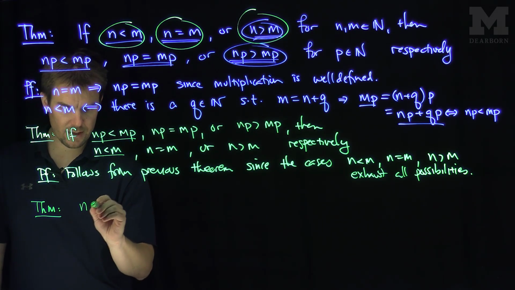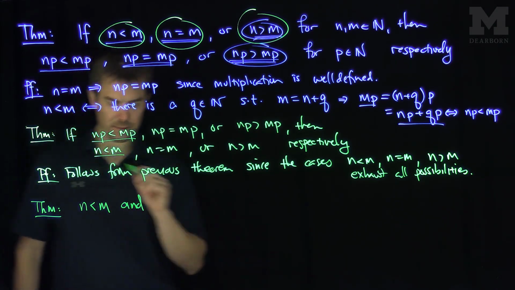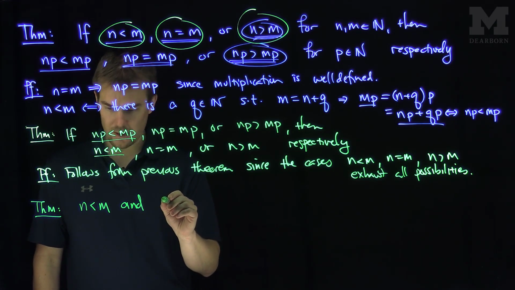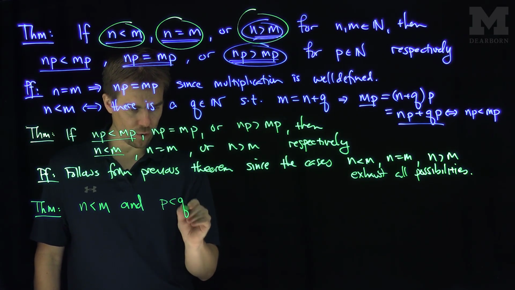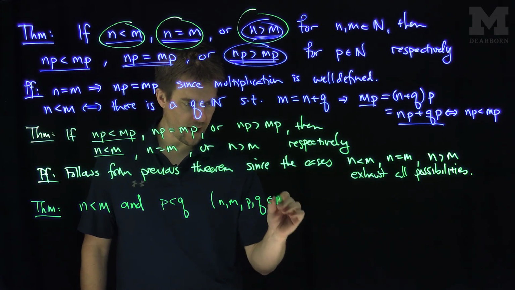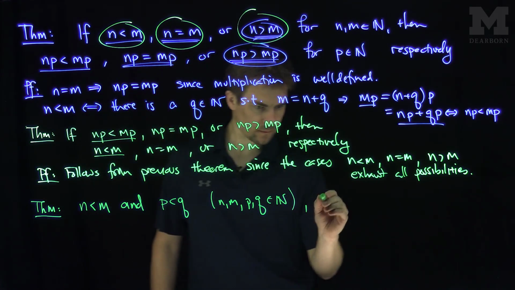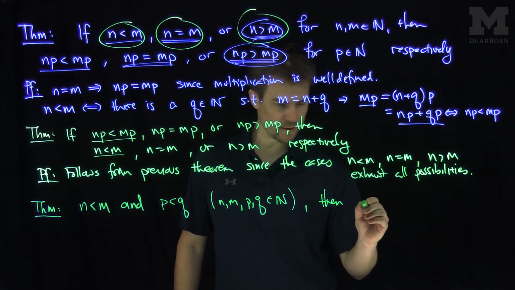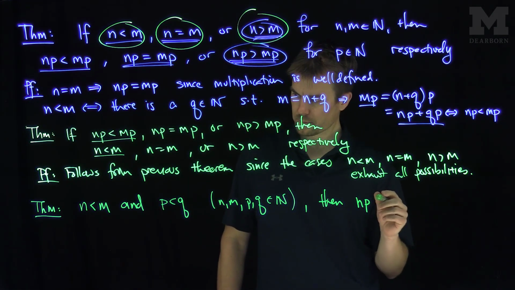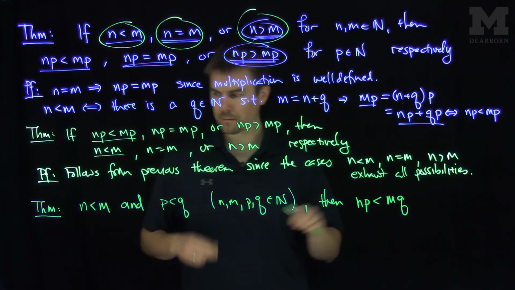That says that if n is less than m, and let's say that p is less than q, where of course n, m, p, and q are in the natural numbers, then n times p is less than m times q.